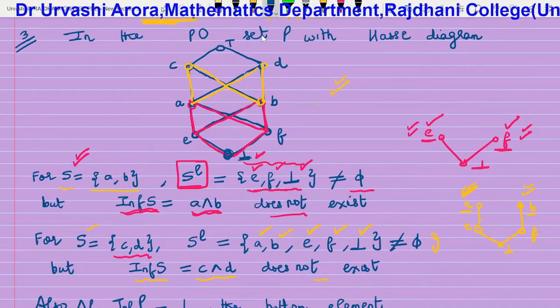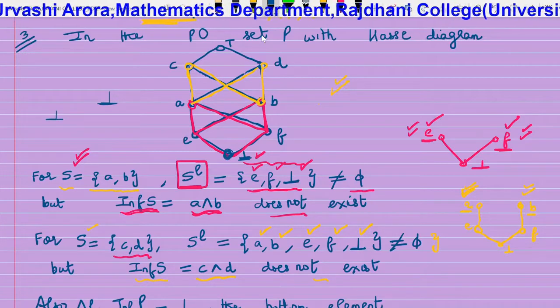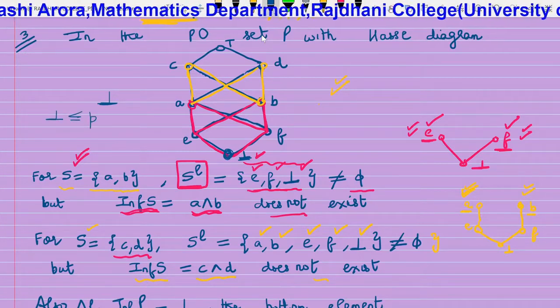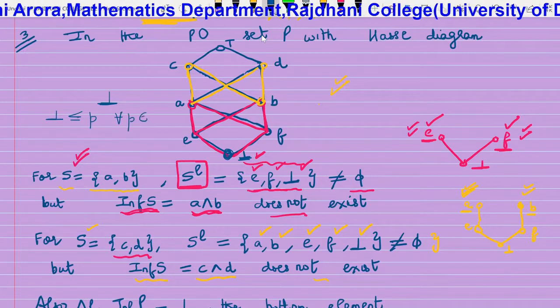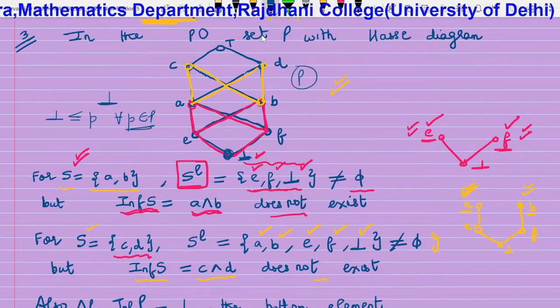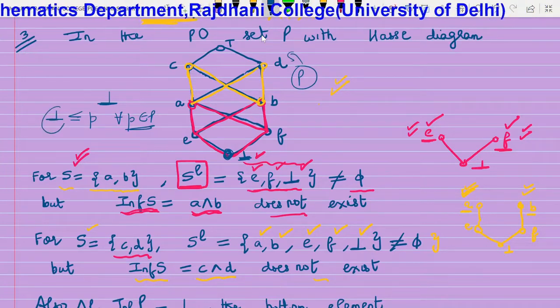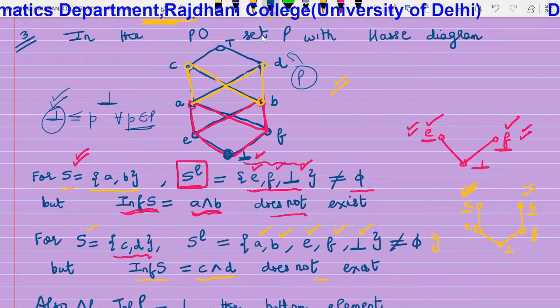This bottommost element is behaving in a way that it is less than or equal to p for every p belonging to P. So every element of the partially ordered set P is greater than the bottommost element, which means that the bottommost element is acting like a lower bound.